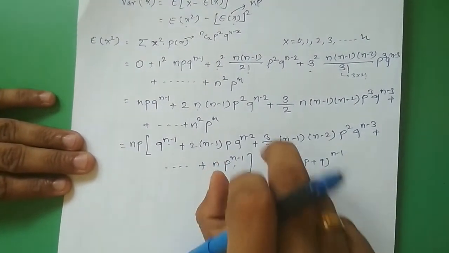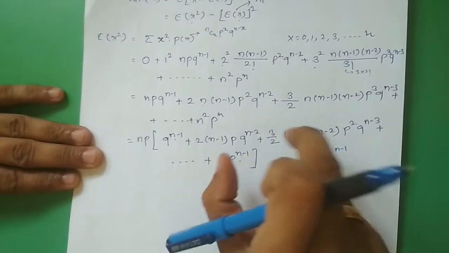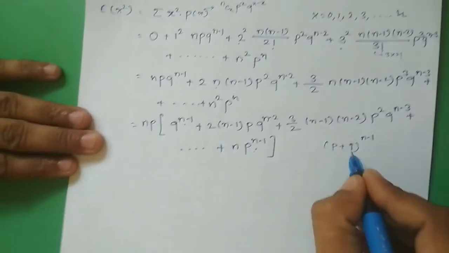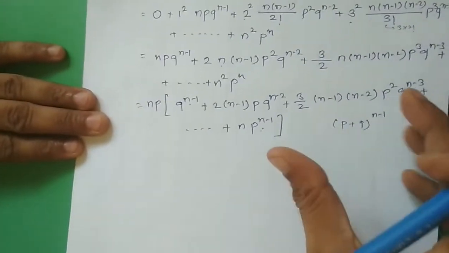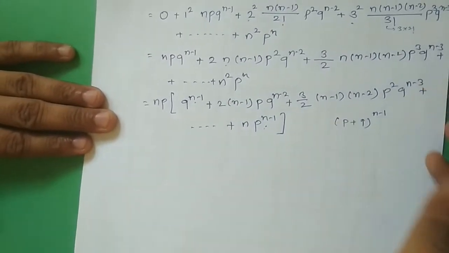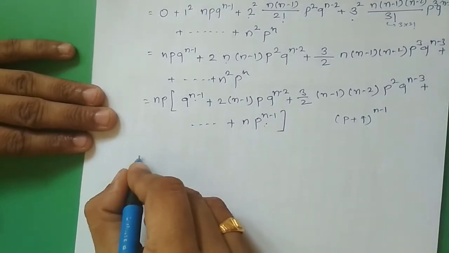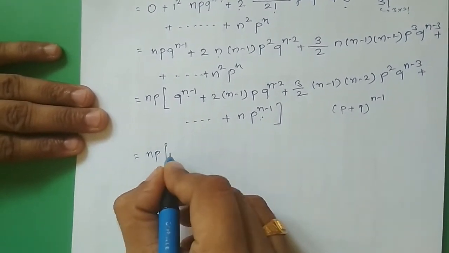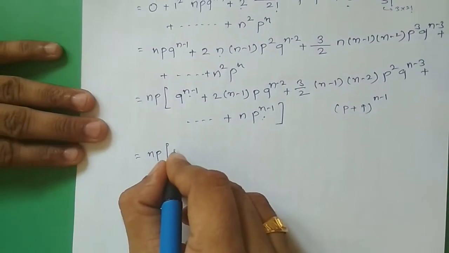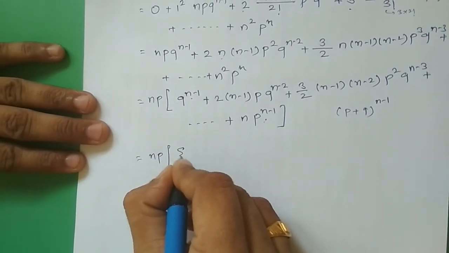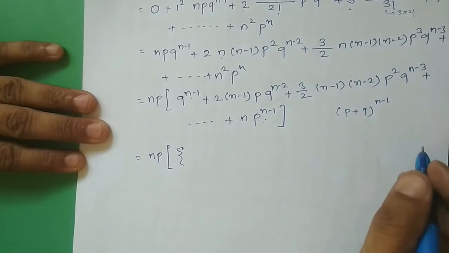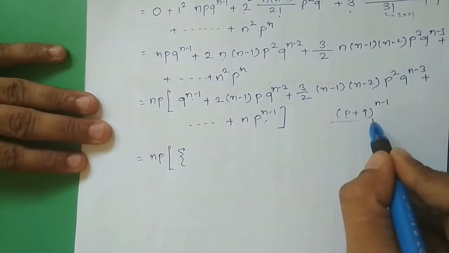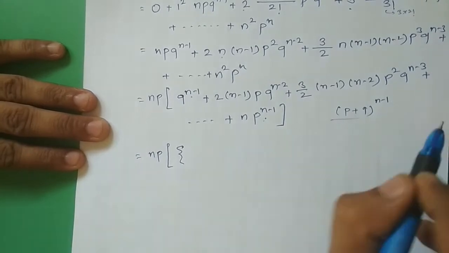Okay, so we are trying to adjust this equation which is written inside the bracket in the form of p plus q raised to n, and whatever the term remains, that we will take in a separate bracket. Okay, so the first is np, then take a square bracket, and inside the square bracket we are taking the curly bracket, and in the curly bracket we are writing the equation in the form of p plus q raised to n minus 1.